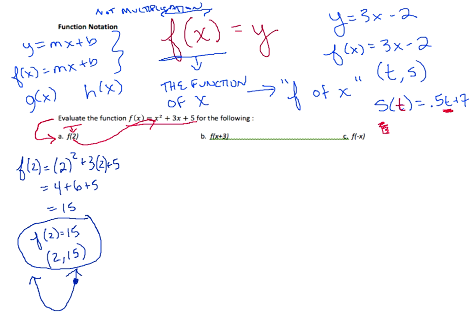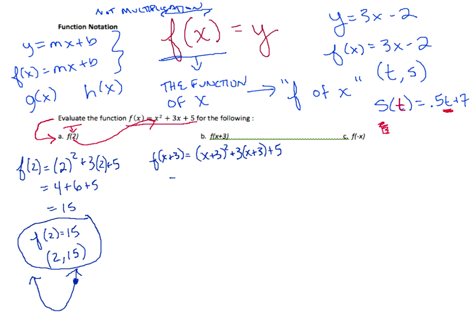All right, so I'm going to move on to the next one here. This says f of x plus 3. In other words, if I replace x in my function with x plus 3, what do I get out? So f of x plus 3 looks like this: (x plus 3) squared plus 3 times (x plus 3) plus 5.